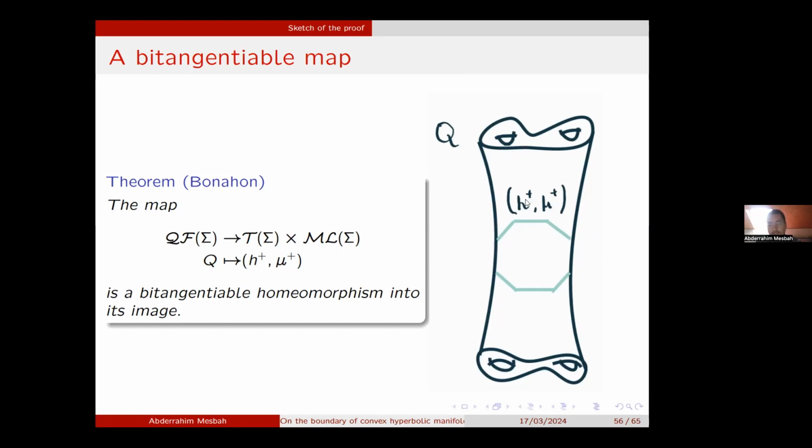Here we take h plus and mu plus on the same side. Bonahon has shown that this correspondence is a bitangentiable homeomorphism to its image. Bitangentiable is like differentiable, but since we don't have a differential structure on the space of measured laminations, we have to ask less.